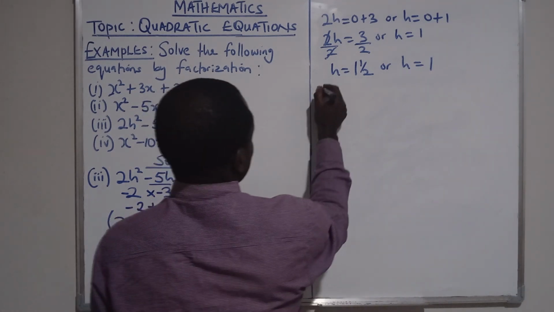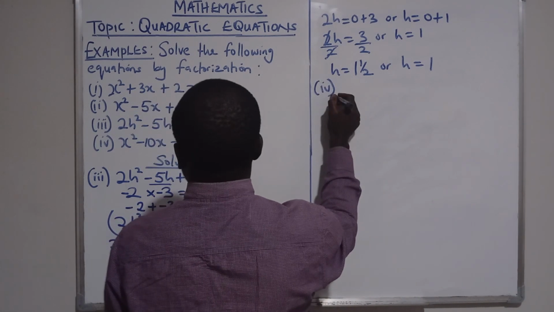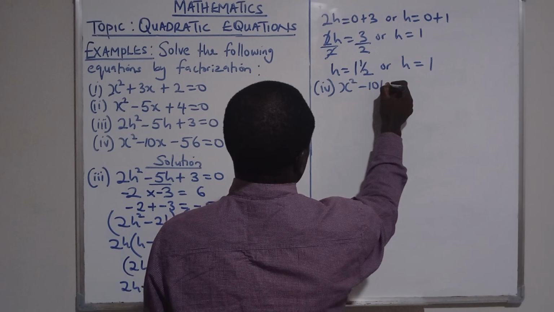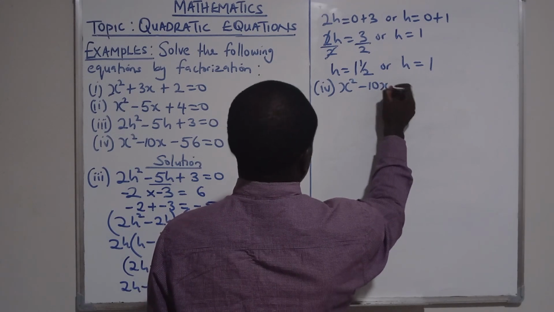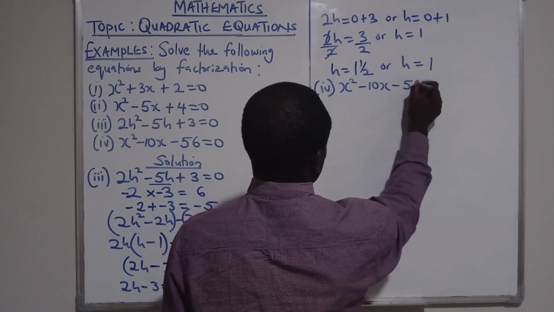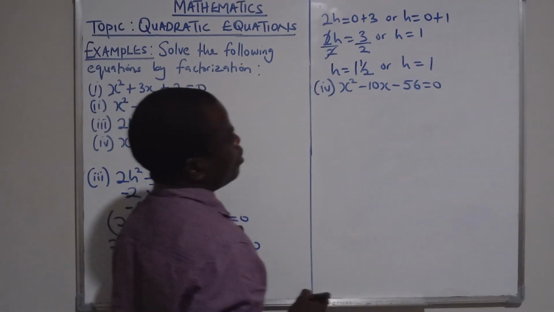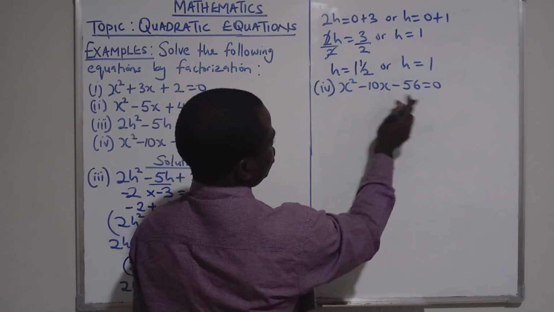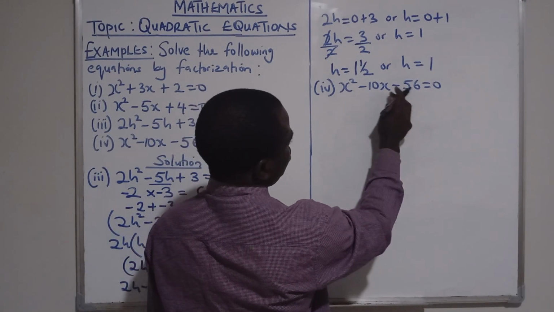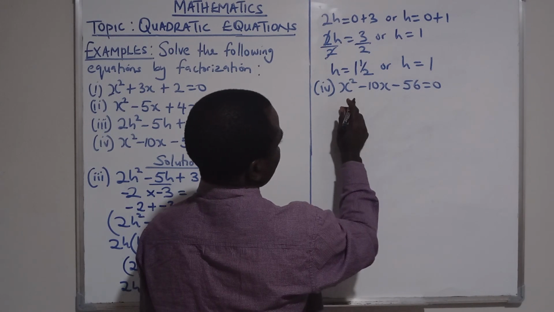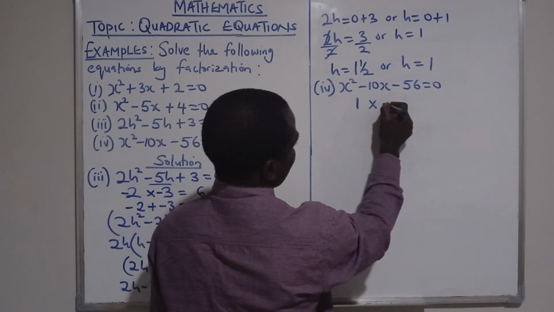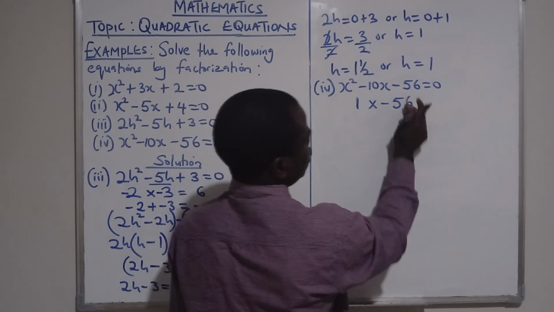The last question, number 4, we have x squared minus 10x minus 56 equals 0. Now we are looking for numbers that when you multiply give you minus 56, like we have 1 as the coefficient of x squared multiplied by minus 56.